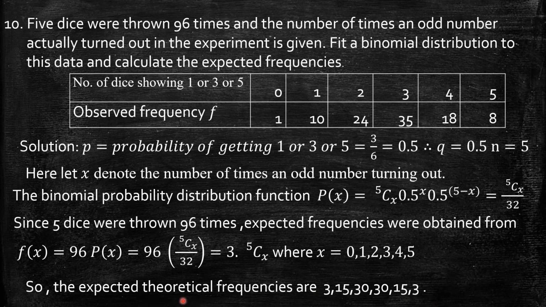So I have the expected theoretical frequencies 3, 15, 30, 30, 15, 3, which are almost close to the given observed frequencies, as we can observe here. Thus we have taken these data and fitted them to a binomial distribution.